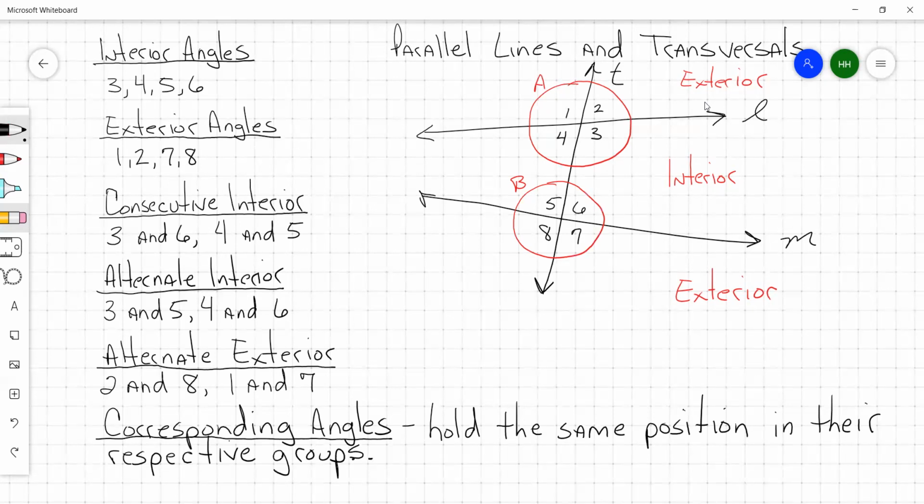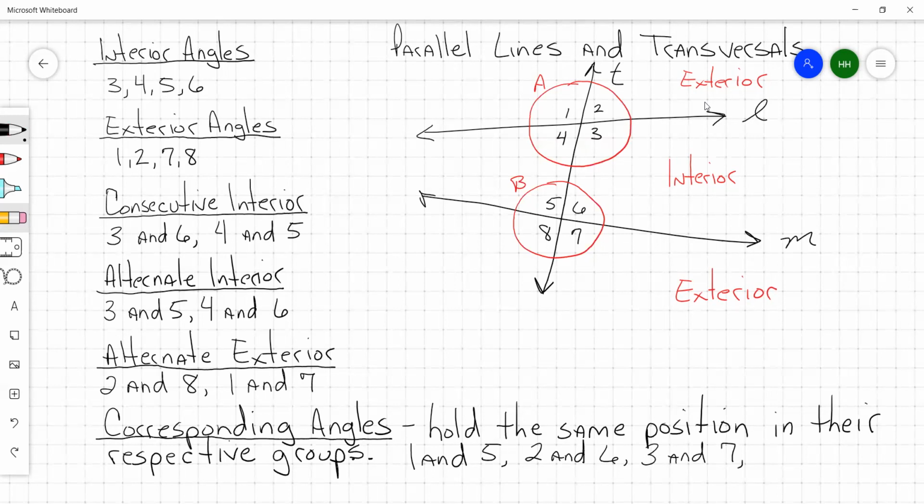So the first pair of corresponding angles, what angle looks like it corresponds to angle 1? It's in the same position, but a different group. Yeah, 1 and 5. They're both in the upper left portion of their group of angles. So 2 and 6, 3 and 7.